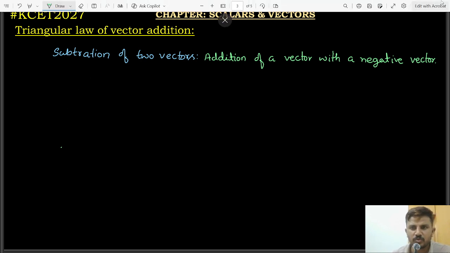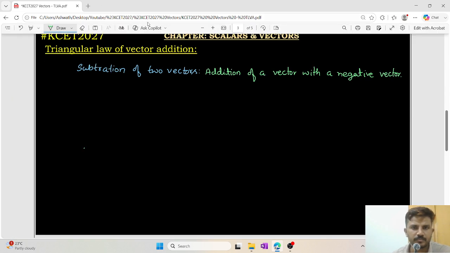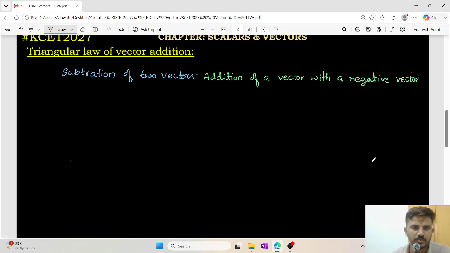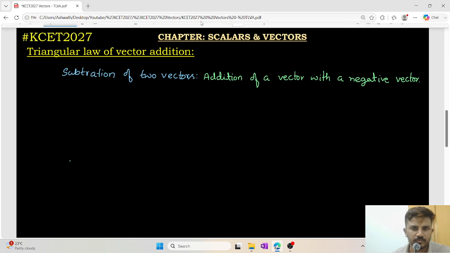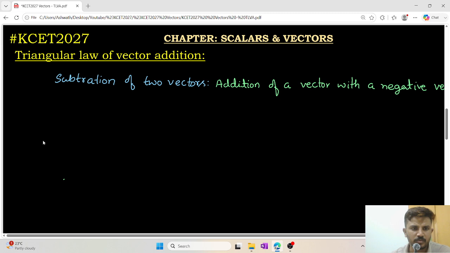Let me consider two vectors. Here I have two vectors. One vector is like this, and another vector, let's consider this is vector b.